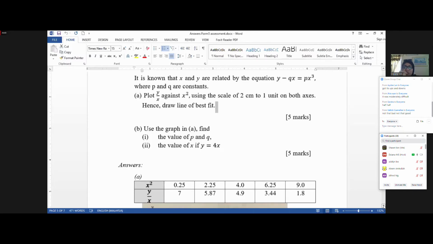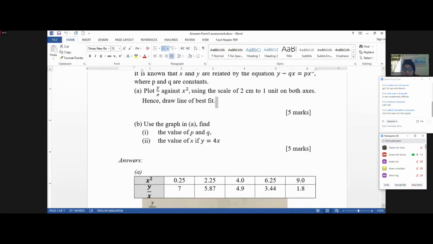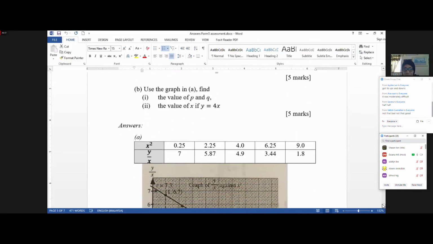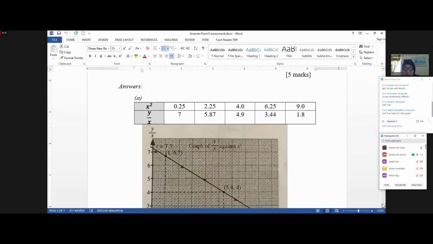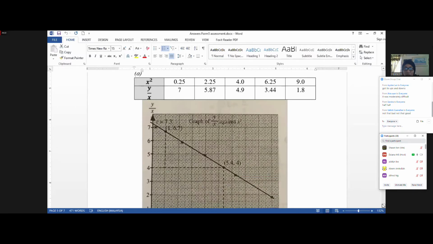So if you do not have graph paper, at least you construct the new table with all the correct values, you can get 1 mark. Then this is the graph. I advise you to label the graph, but if you forgot to label it, it's okay. It doesn't affect your marks.